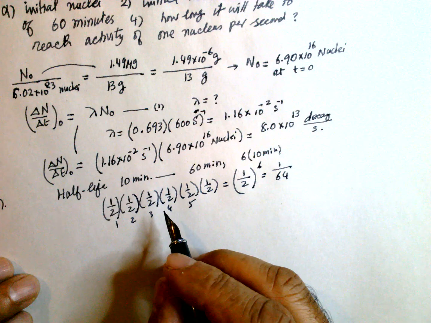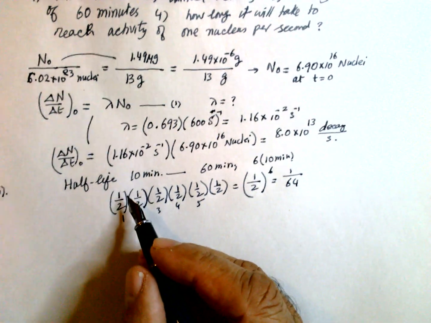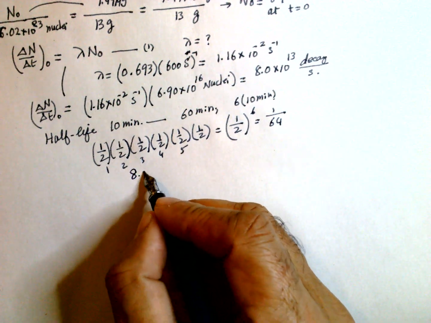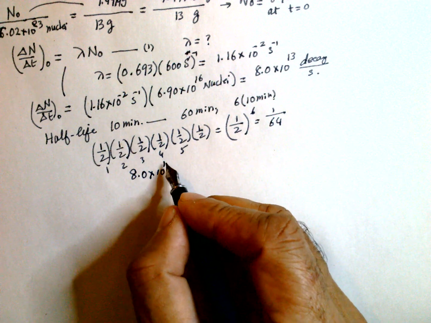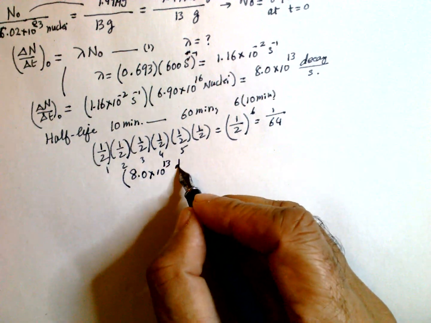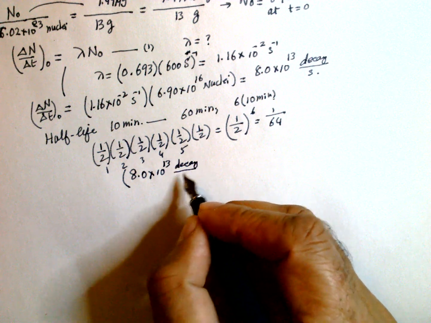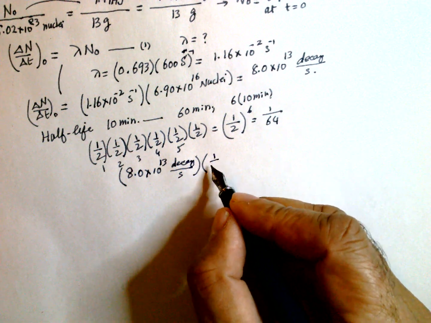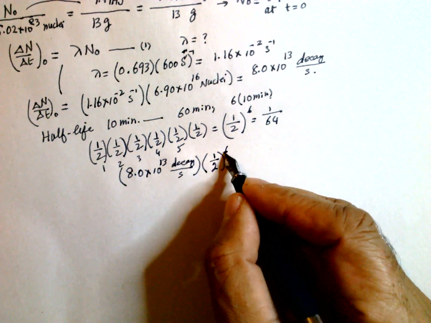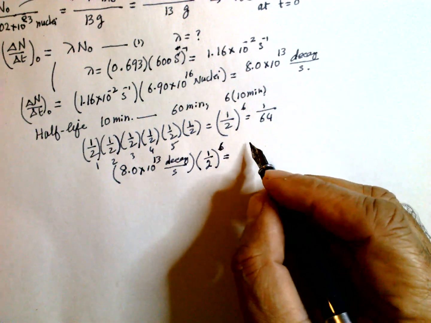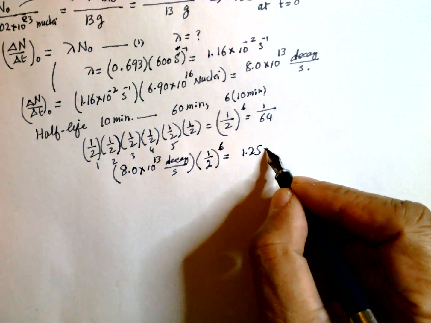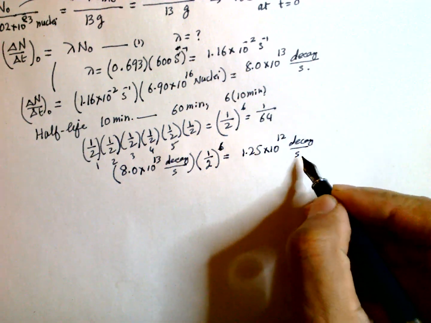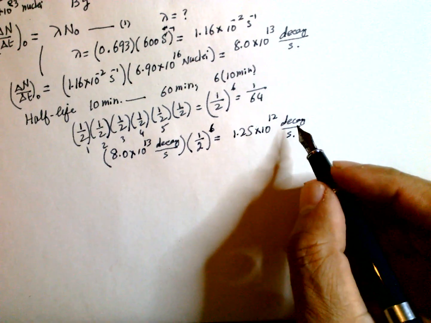So how much is the decay at the initial? 8.0 into 10 to the power 13 decays per second, multiplied by, for 60 minutes, 1 over 2 raised to the power 6, which is equal to 1.25 into 10 to the power 12 decays per second. So that is the answer.